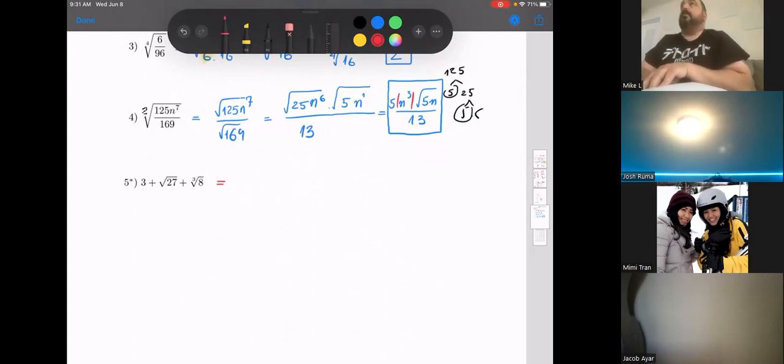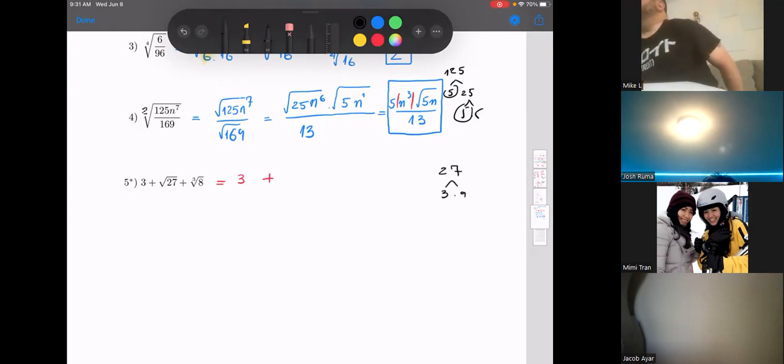Okay, so simplify one term at a time. So 3, nothing I can do, leave it alone. What's square root of 27? If you doubt yourself, write it out. 27 is 3 times 9, which is 3 times 3 times 3.